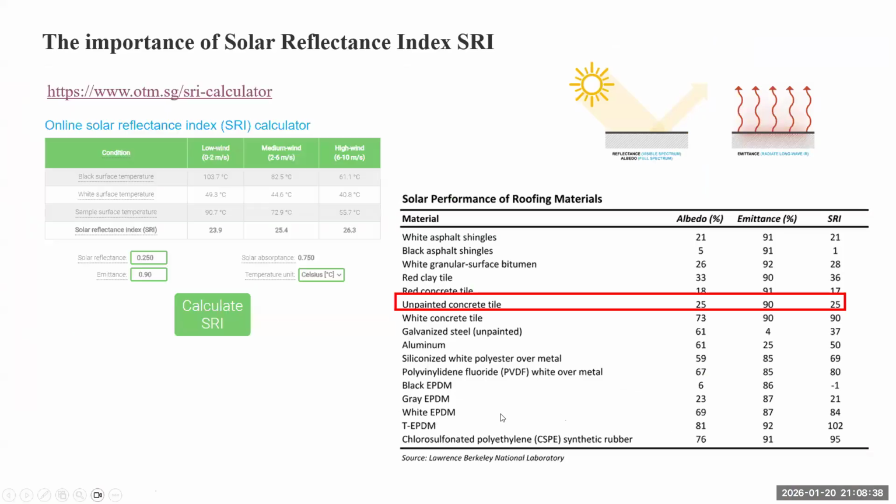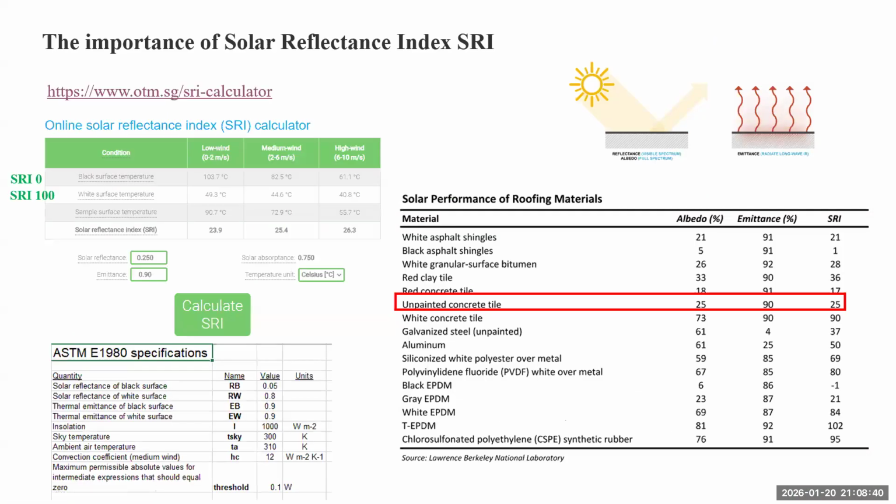However, as I have mentioned, this calculator has a strict specification following ASTM E1980, including the solar irradiance, and the ambient air temperature is also high, around 37 degrees, so it's considered.